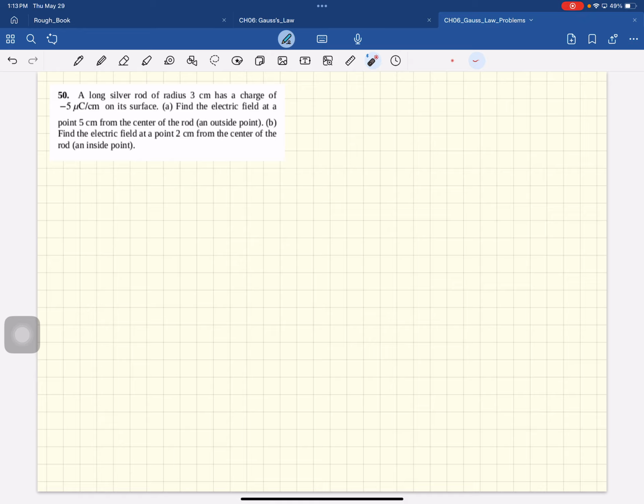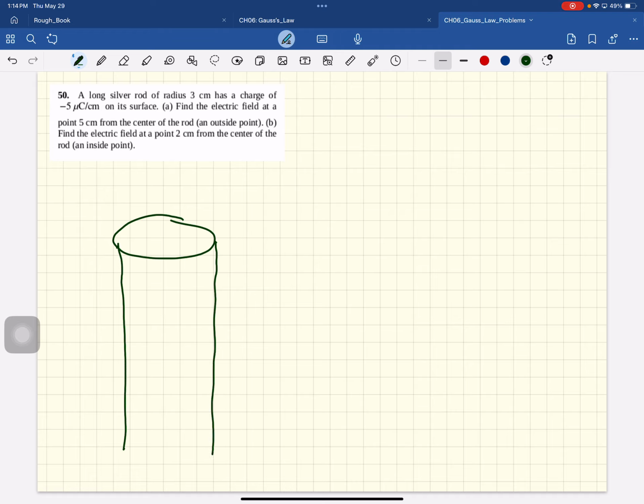Find the electric field. So we'll use capital R for that.